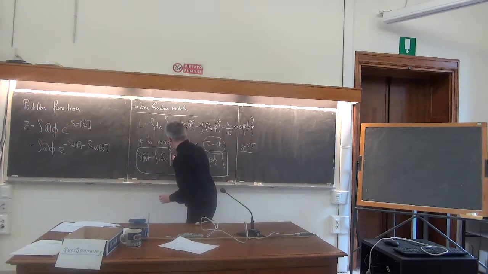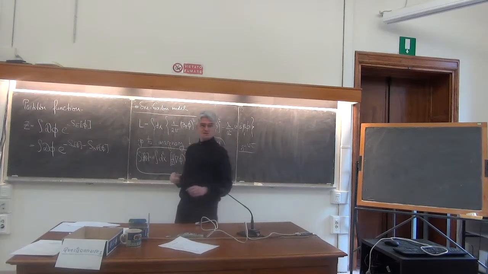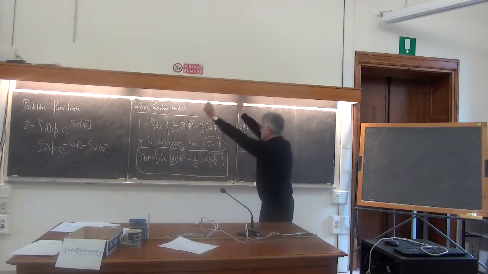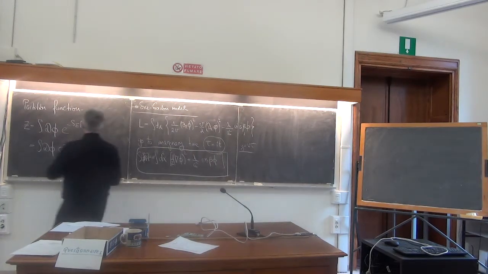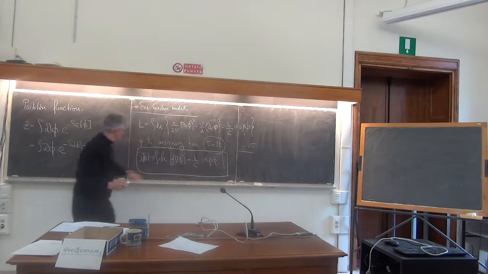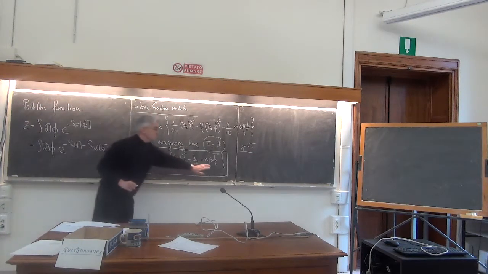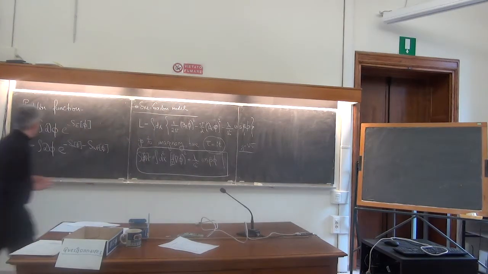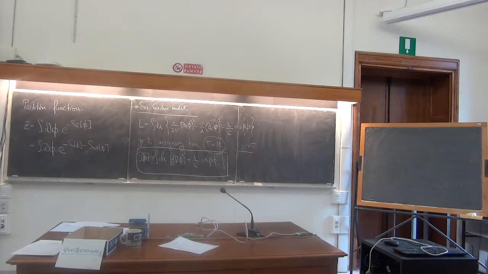You should have told me that I put the factor of 1/2 in the wrong place. So S naught is the quadratic part, the Gaussian part, and S in would be this cosine piece.